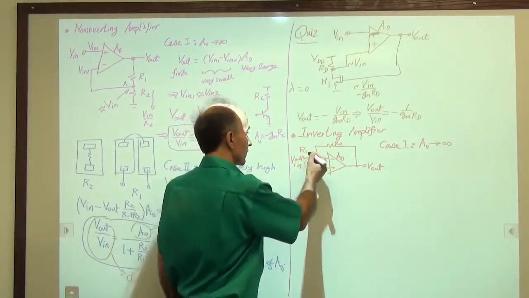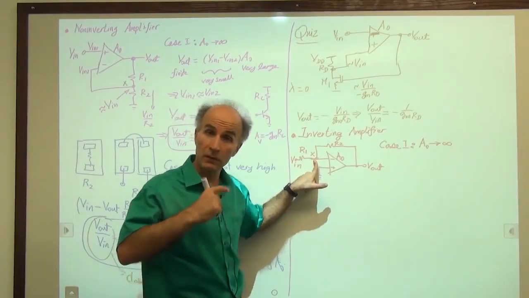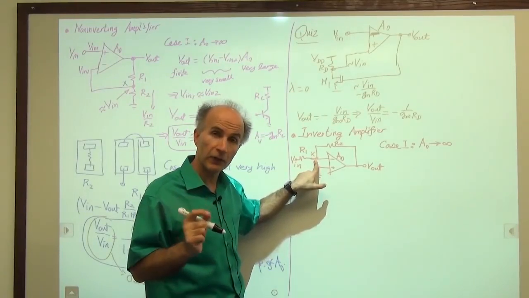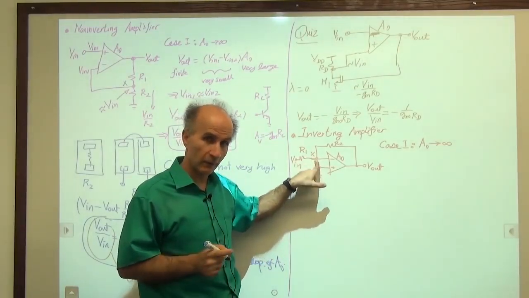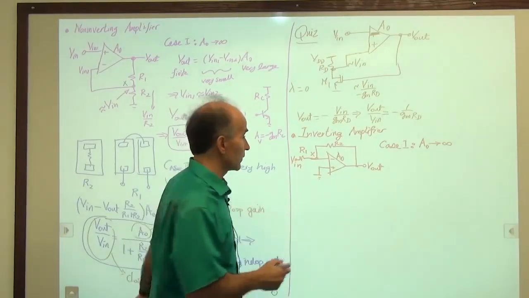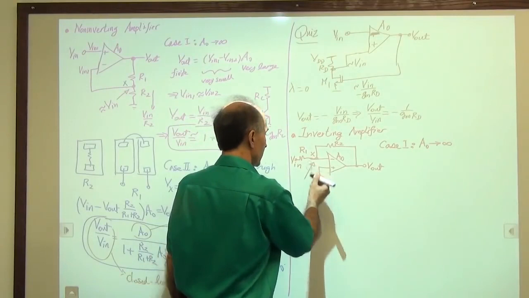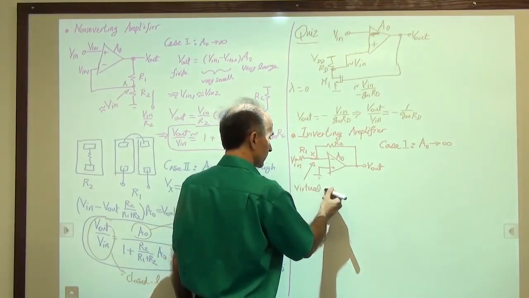So if I call this node X, we call node X, which is close to 0, a virtual ground. It's not exactly ground, because this voltage is not exactly 0, but it's very close to 0. So we call this a virtual ground.